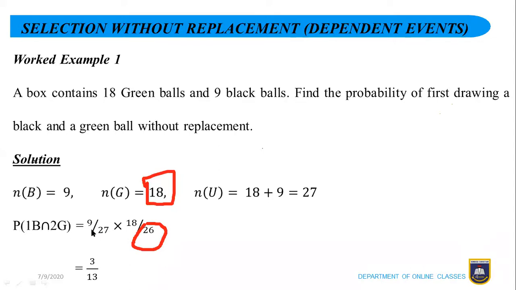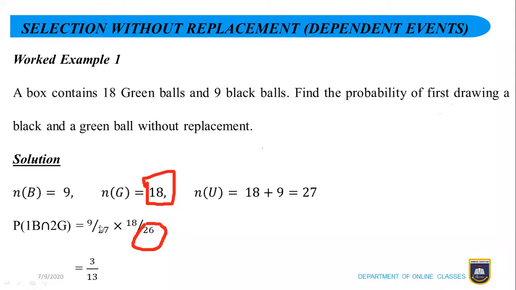So probability of picking a black ball first times the probability of picking a green ball second will be equal to 9 over 27, that's probability of picking a black ball, times 18 over 26, that is the probability of picking a green ball.